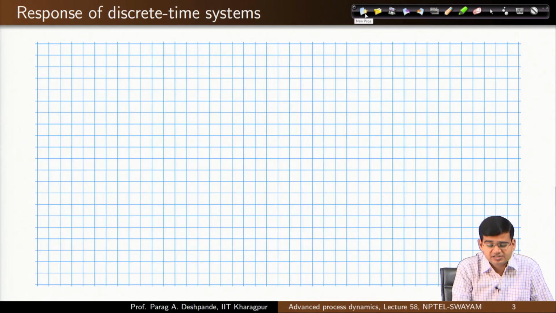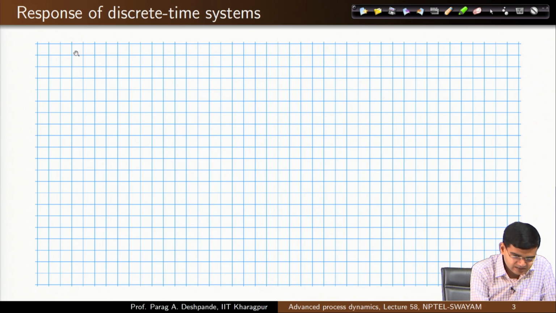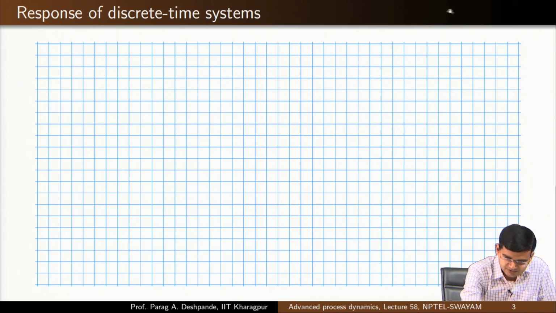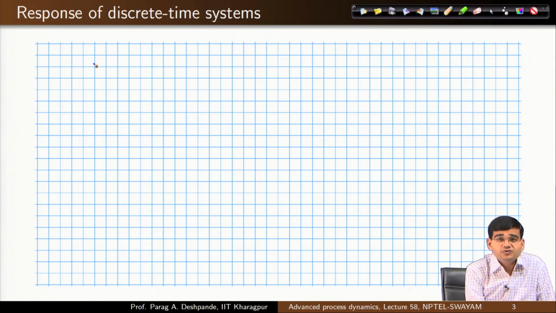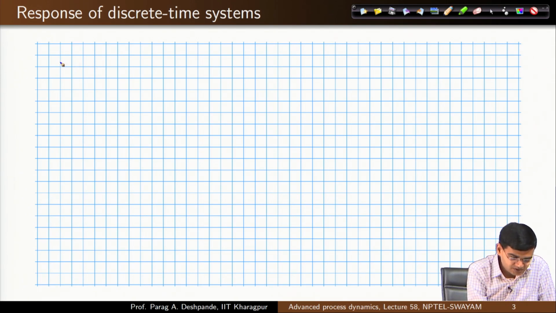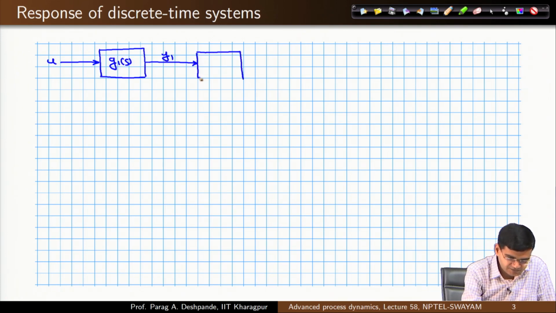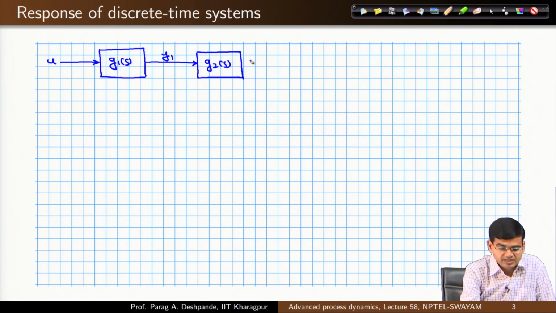For a continuous domain system, imagine a system of 2 subsystems in series. You have an input u, it goes to the first system which has the transfer function g 1 of s, it gives an output y 1, output y 1 acts as the feed to the second system which has a transfer function g 2 of s, you get the ultimate output y 2.